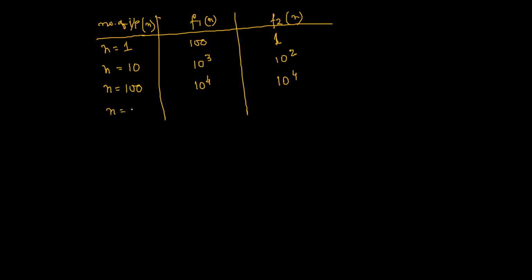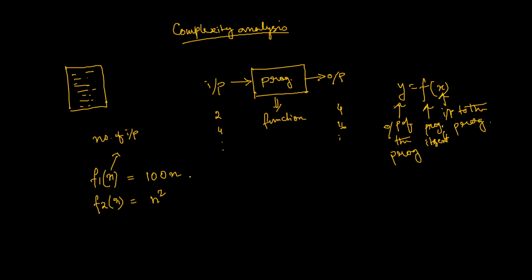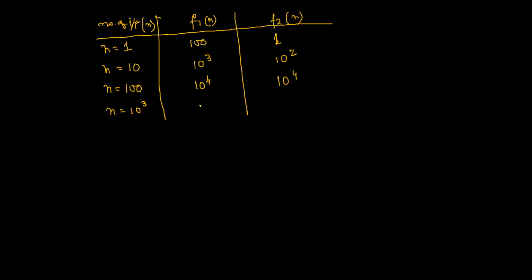For n equal to 10 cube, f1 is 100 into 10 cube, that is 10 to the power 5, and f2 is 10 cube square, that is 10 to the power 6. For n equal to 10 to the power 5, f1 is 10 to the power 7, and f2 is 10 to the power 10.